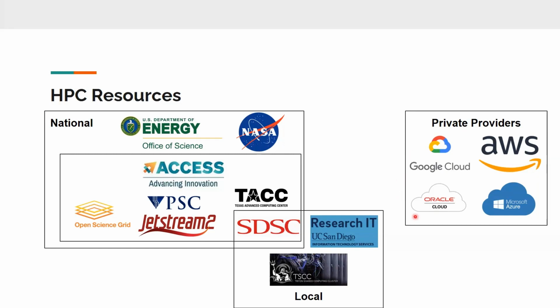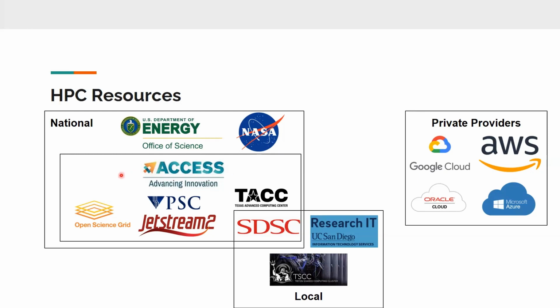All of these are private providers, but then also federally funded, there's the US Department of Energy, and NASA has its own cluster. So if you're working with any of these agencies, it's a possibility that you can get an allocation from these federal agencies. The one that we'll focus on in this workshop is the NSF Access.